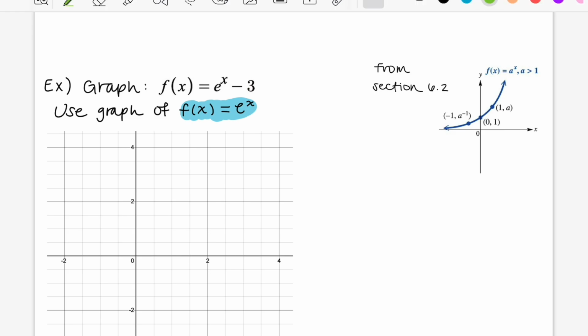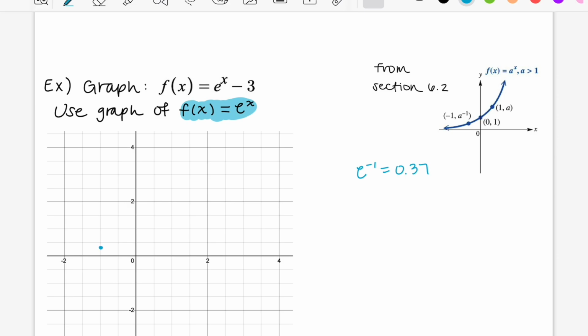All right. So again, we know that our graph is going to intersect these 3 points. From the last example, we saw that e to the negative 1 was about 0.37. So our first point is, let's keep the color coding consistent, we're doing blue here. So our first point is going to be negative 1, comma 0.37. So that'll look something like this here.